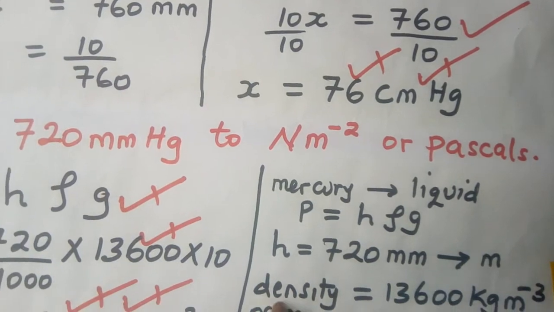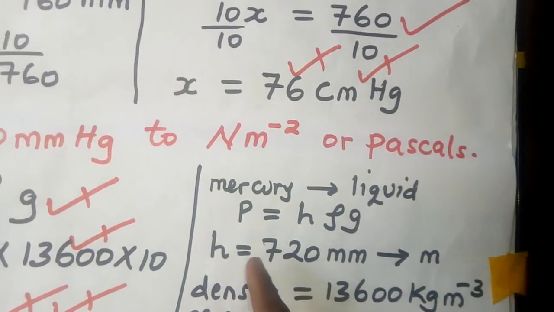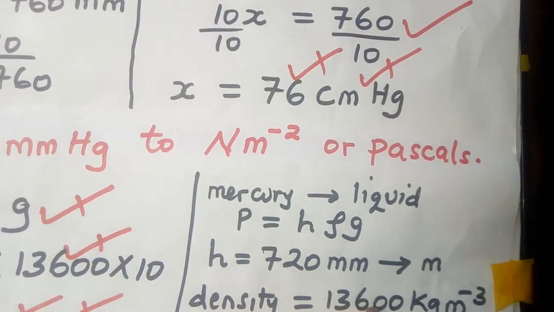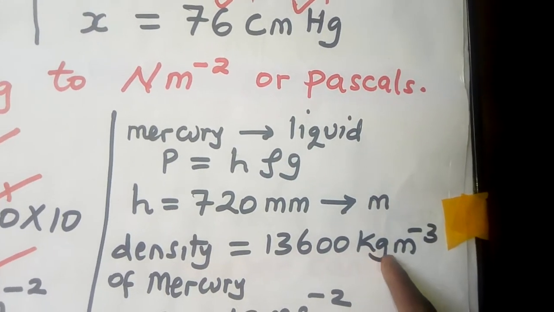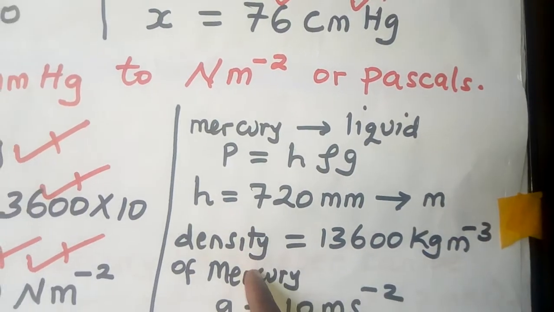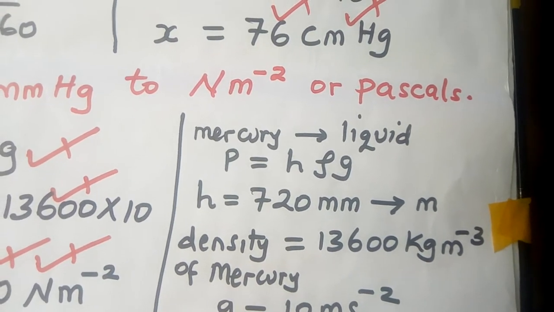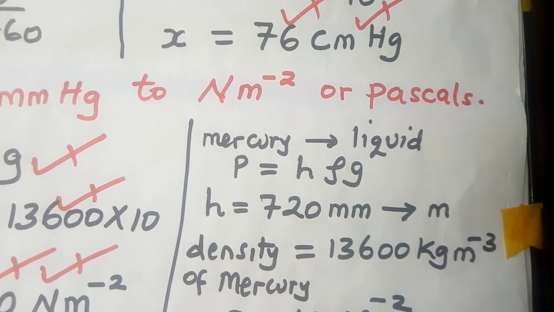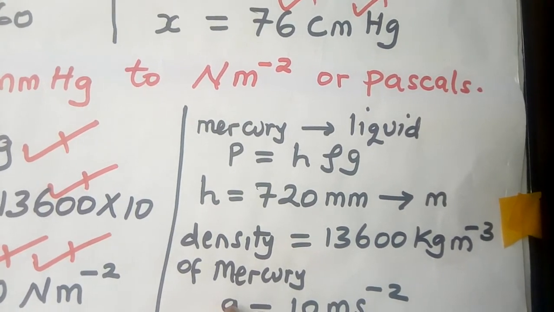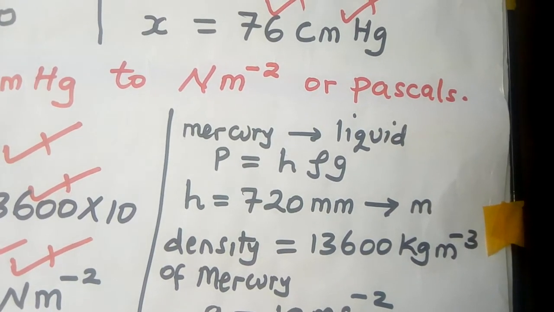You should always remember the density of mercury, even if the examiner has not given it, is 13,600 kilograms per meter cubed. Acceleration due to gravity, he did not give you, because he is sure that you know it. Acceleration due to gravity, g, is always 10 meters per second squared.